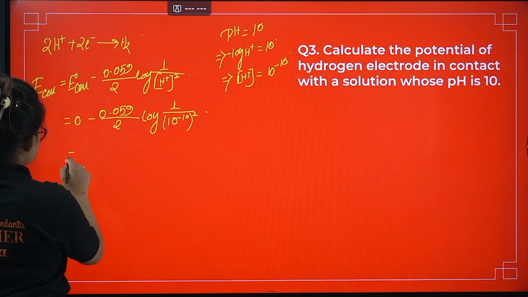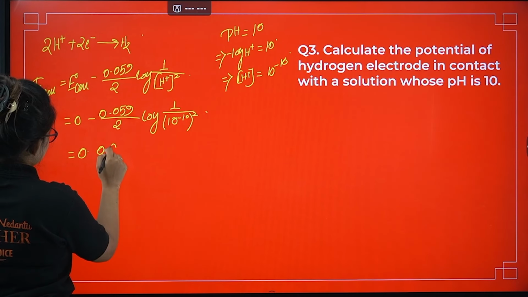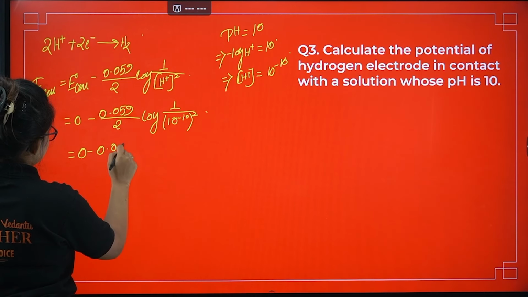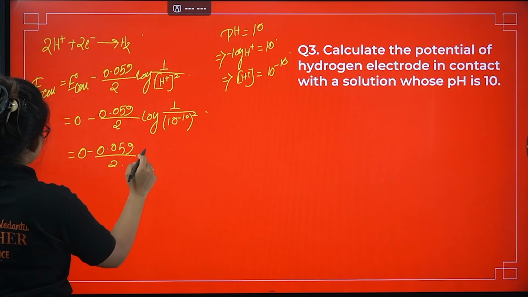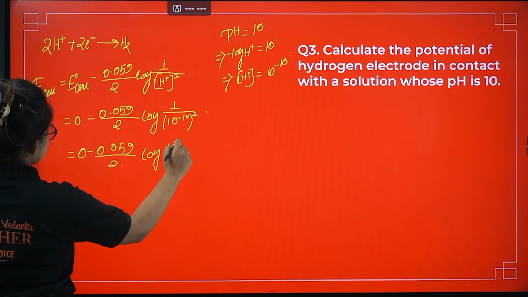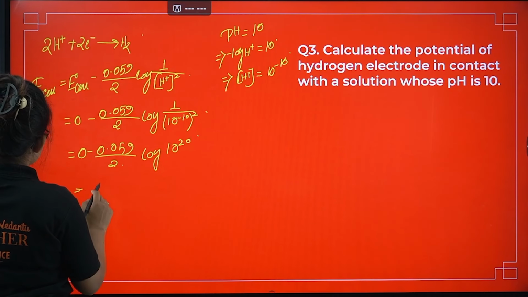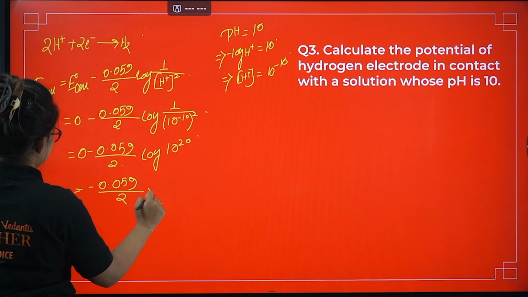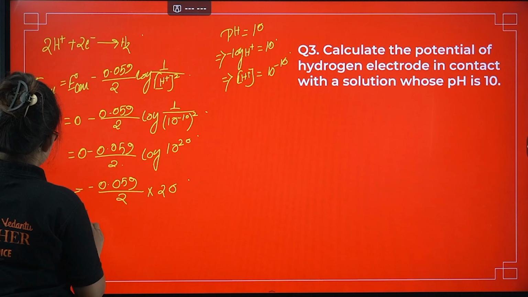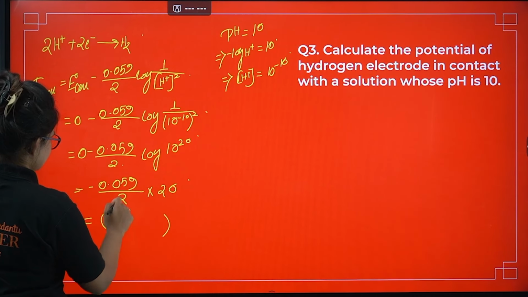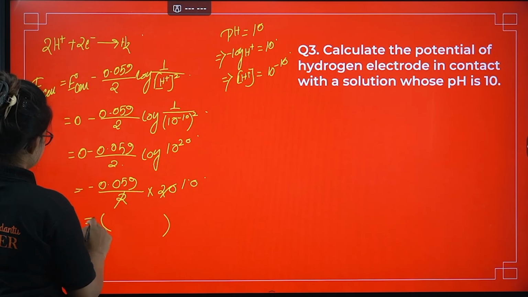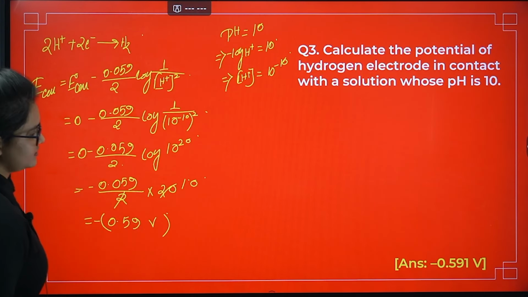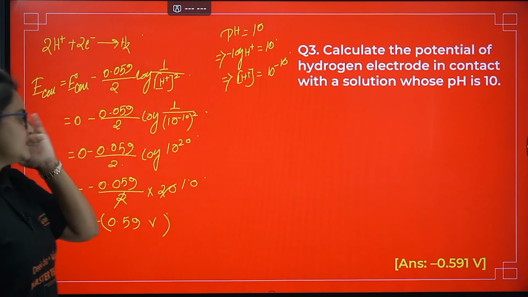If I continue, 0 minus 0.059 divided by 2 log, here it will come as 10 power 20. So I will get minus 0.059 divided by 2 into 20. Now if you calculate this, you will get minus 0.59 volt. Let me check. Yeah, this is the answer. I guess this is clear to you.